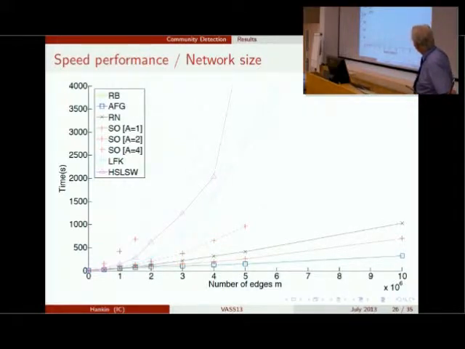The difference between the three stability optimizations is the period in Markov time that we look at. If we look between 0 and 1, it goes quite nicely linearly as the number of edges increases.